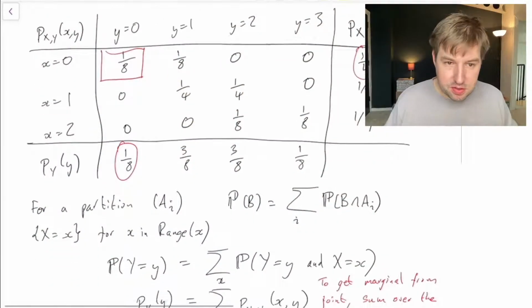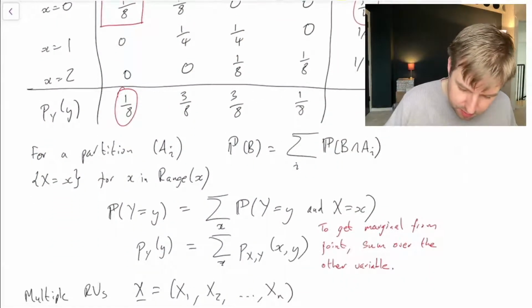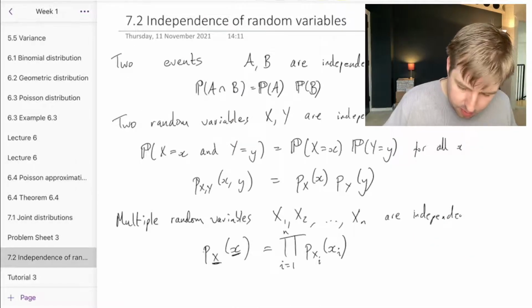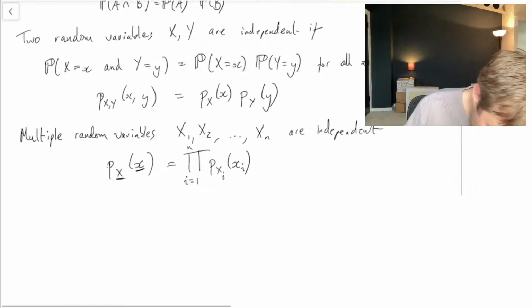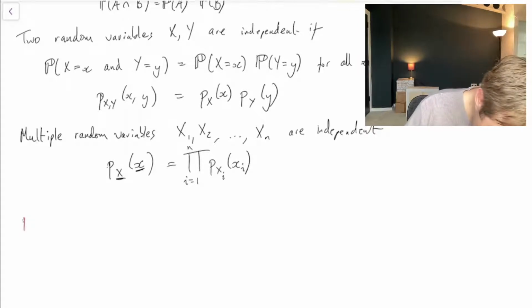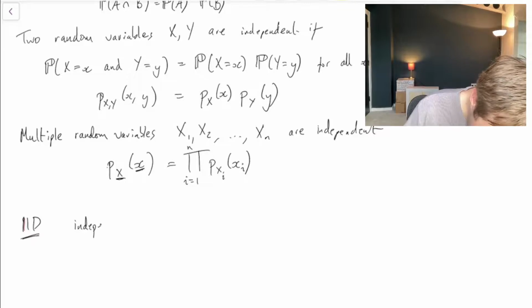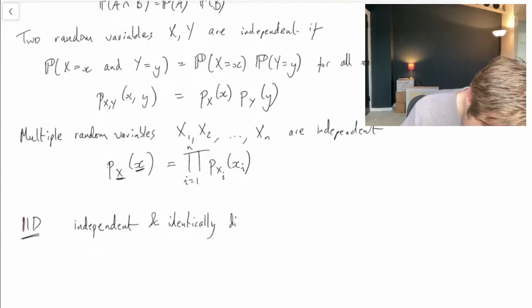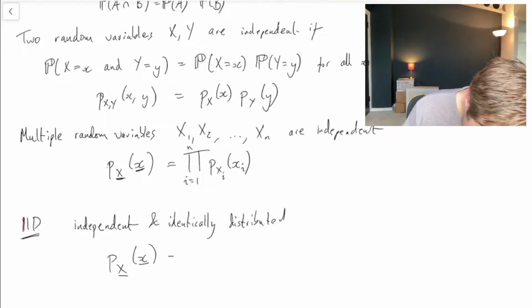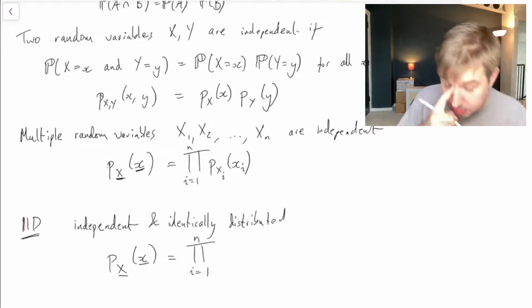So let's just write that down. IID means independent and identically distributed. One way to write that out would be to say that the joint probability mass function is equal to the product of all the individual probability mass functions, because they're independent.